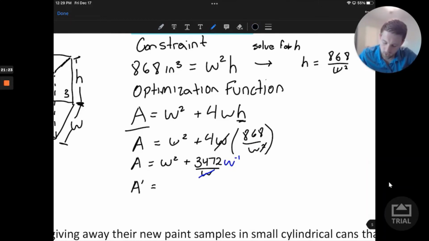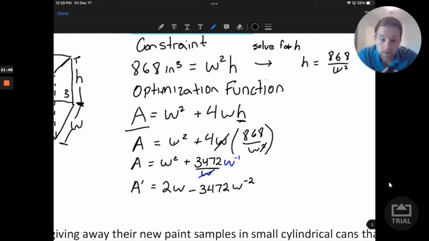We have 2W for our first term. If we bring down a negative, we'll have negative 3,472 times W to the negative second power. And that would be our derivative sitting right there.